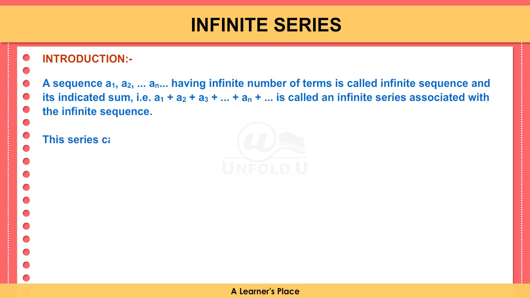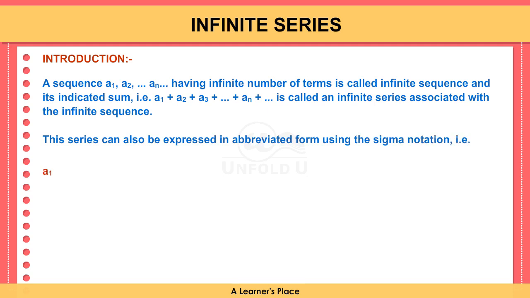This series can also be expressed in abbreviated form using the sigma notation. That is, a1 plus a2 plus a3 plus so on plus an plus so on is equal to summation k equals 1 to infinity ak.